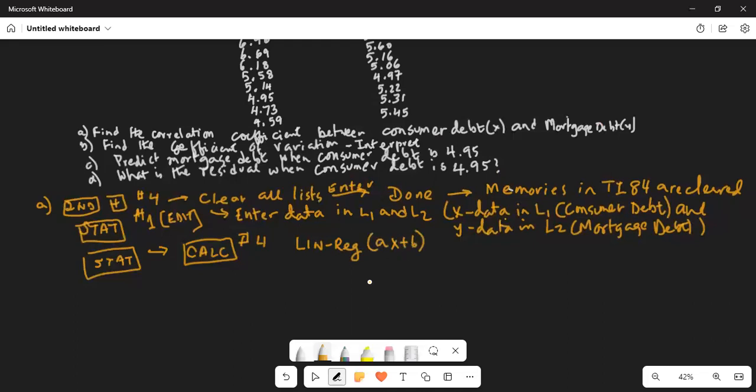Lin stands for linear straight line, reg stands for regression, ax plus b. Your x list should be L1. Your y list should be L2. Do not do anything else. Go straight down to calculate and hit enter.